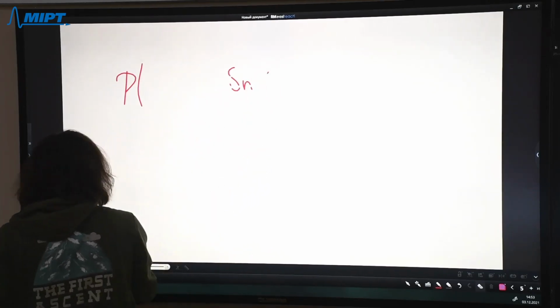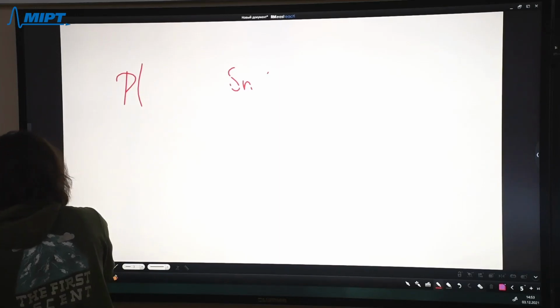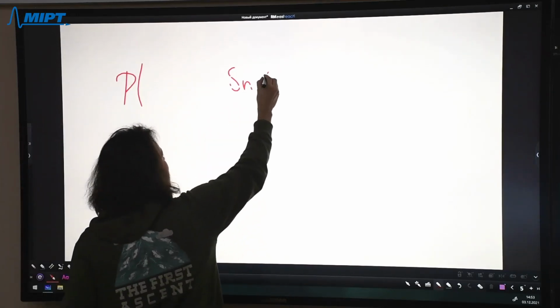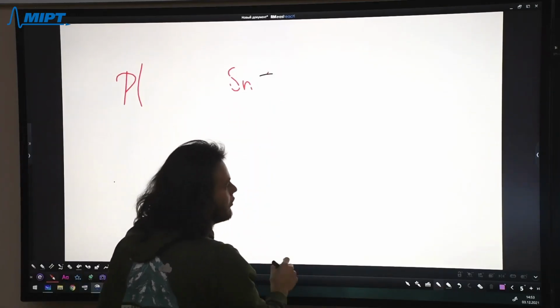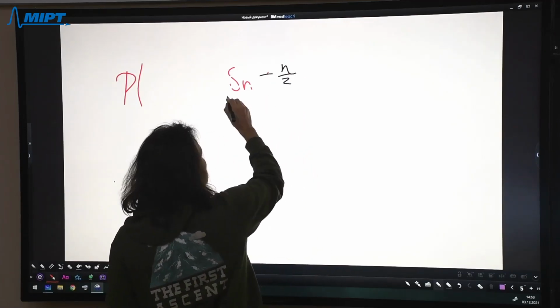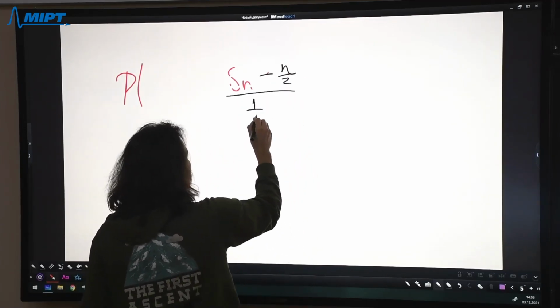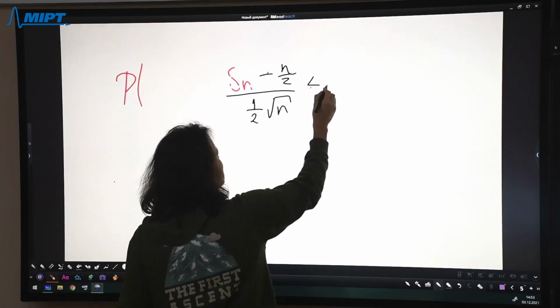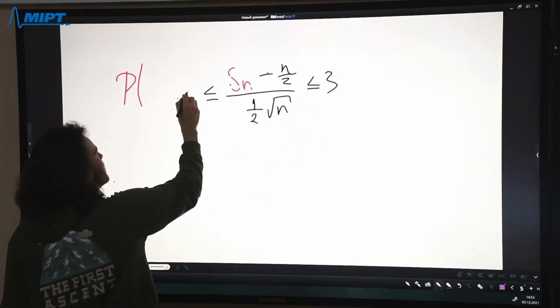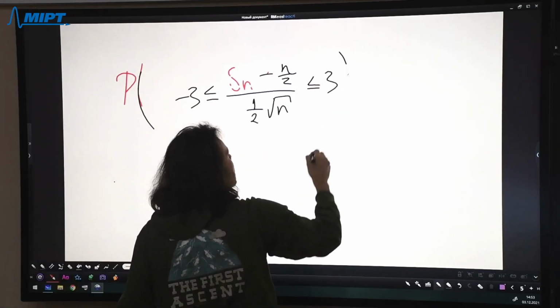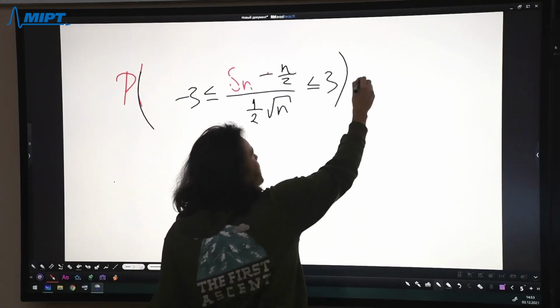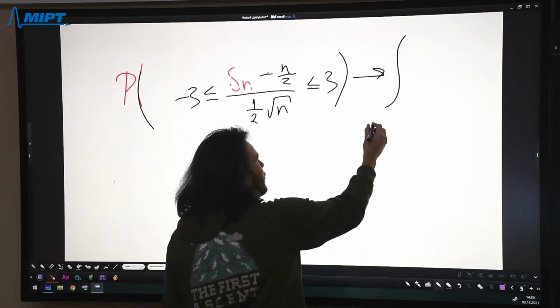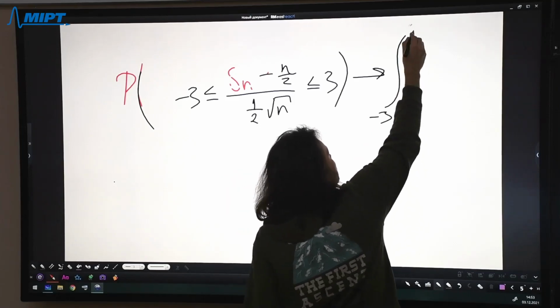So we have again Sn minus n over 2 over this, and we want to find the probability that this is between minus 3 and 3. Then this extends to the integral from minus 3 to 3 of this, right?